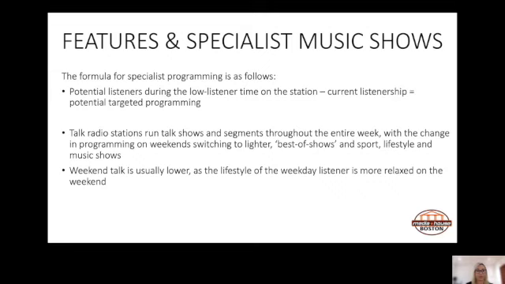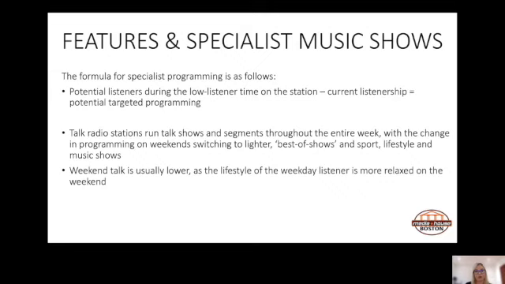We can use 702 as an example, in which specialist programming has played a significant role in the cumulative growth of listeners over the weekends. 702's figures at the beginning of 2019 were 517,000 listeners over 7 days.